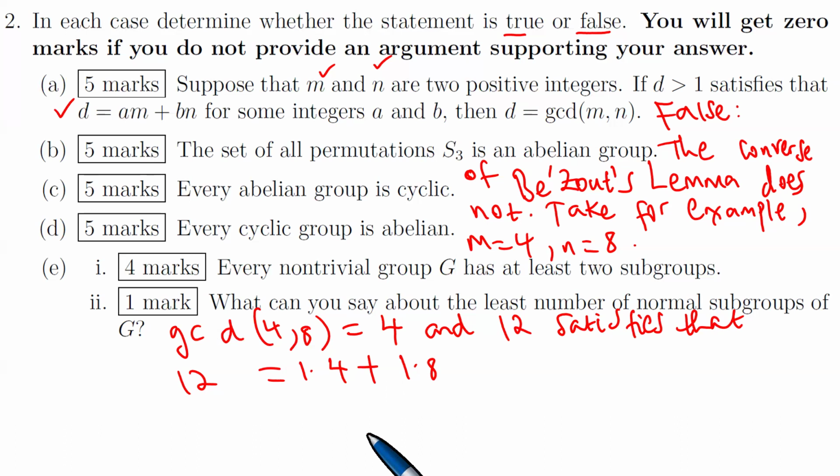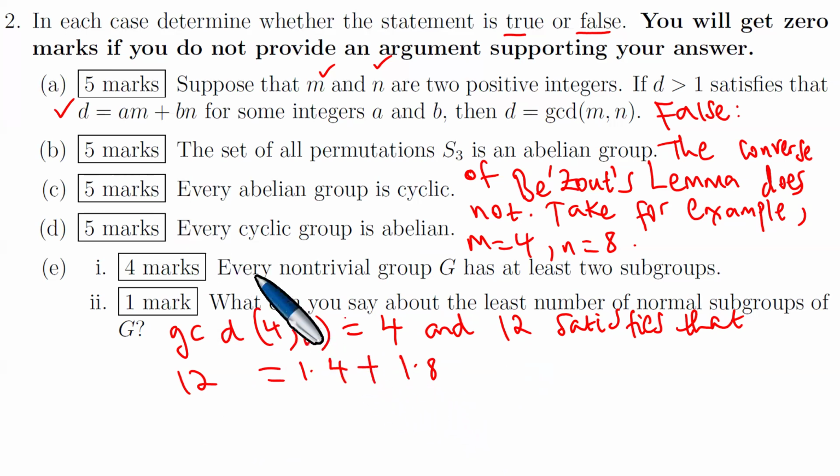So we have taken A and B to be 1, and the result is obviously 12. Now we can see clearly that 12 satisfies this equation.